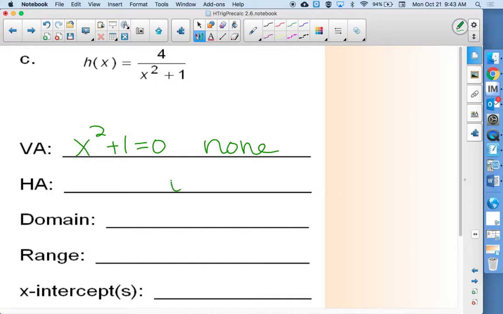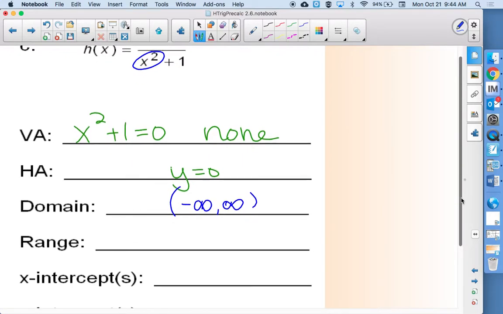Hannah. 0. Why is it 0? Because the bottom is squared. Yeah, the bottom is squared and the top doesn't have an x. So that means the numerator's degree is definitely smaller than the denominator. We said that the domain, if there isn't a VA, would be negative infinity to positive infinity.